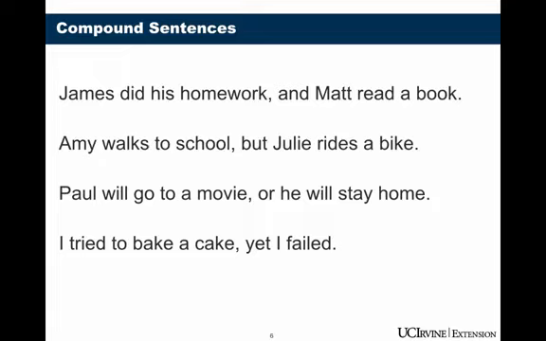What do we have after yet? We have the subject I and the verb failed. That's a sentence. It's very short, but it has a subject and a verb. So that is our second independent clause, and we need to put the comma in front of yet. Now, if I did not have a subject after the conjunction, I would not have a compound sentence, and I would not put a comma with the conjunction.